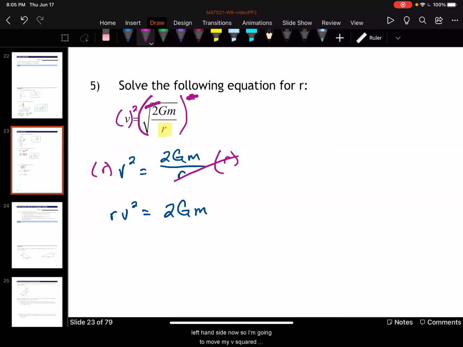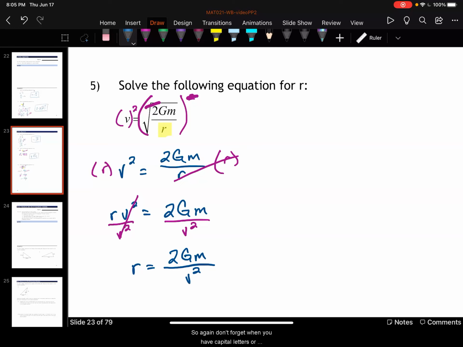So I'm going to move my v squared. I'm not going to move anything that's on the right anymore. So to get r by itself, I'm going to divide both sides by v squared. On the left, those will divide out. We'll have r equals 2 times capital G times M over, or divided by, v squared.